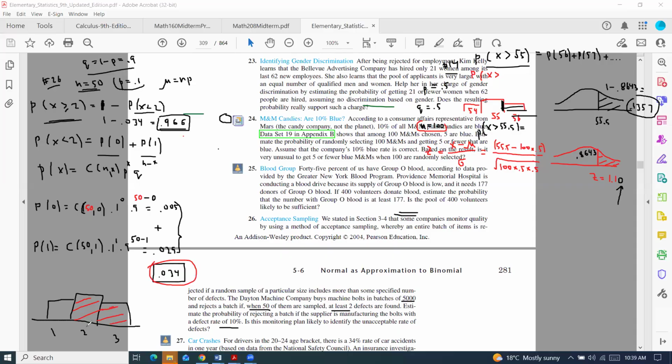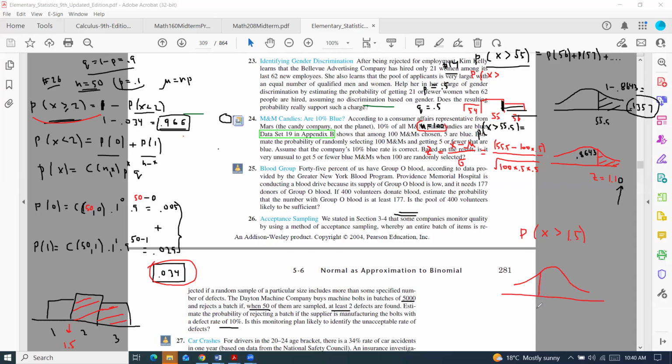So I must be right in between 1 and 2, which is 1.5. So instead of using probability x greater than or equal to 2, I have to use probability that x is greater than 1.5. And this will enable me to use the z-score process, the one that we already mastered.